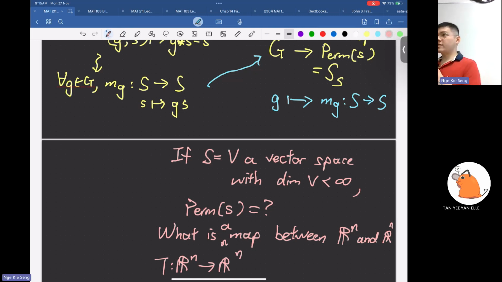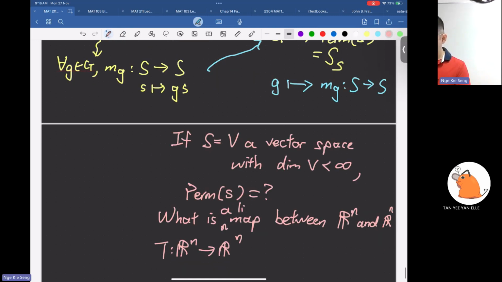Maybe we can be more specific. What is a linear map from R^n to R^n?